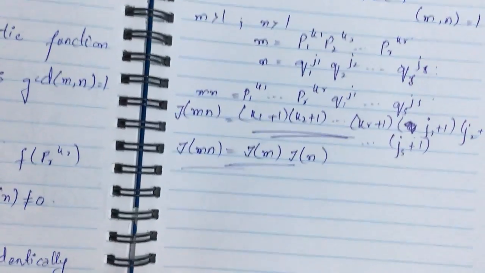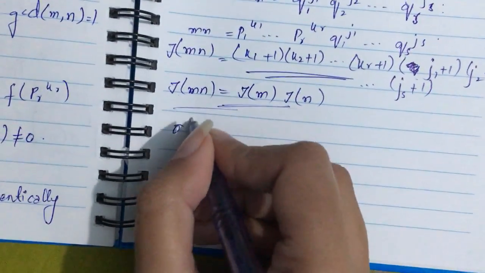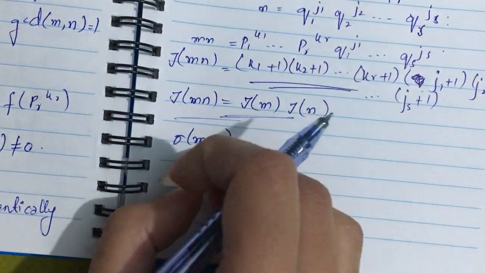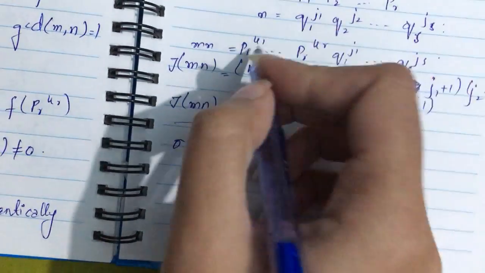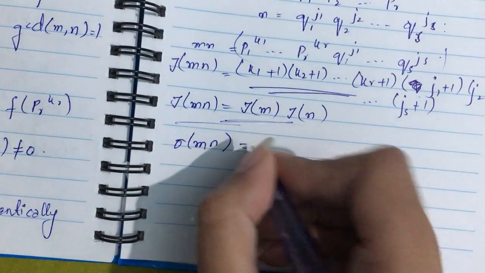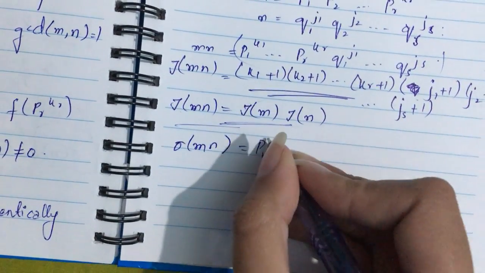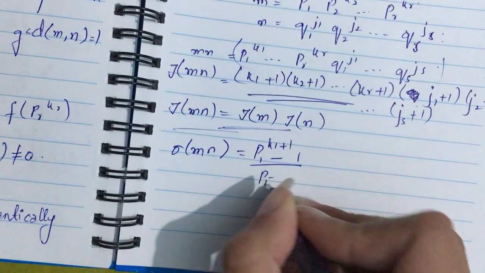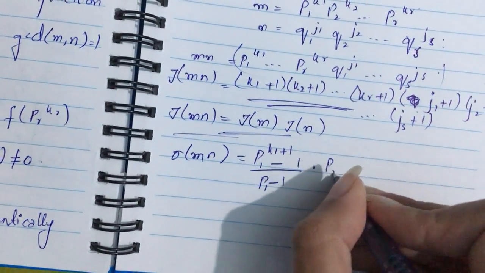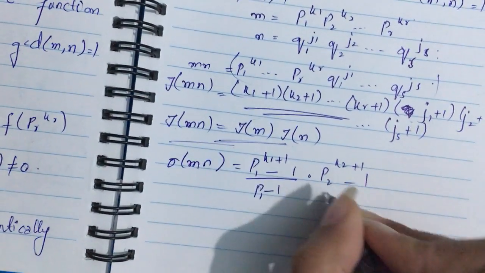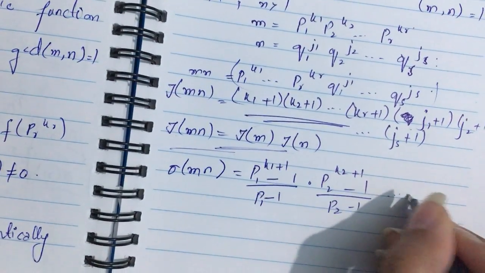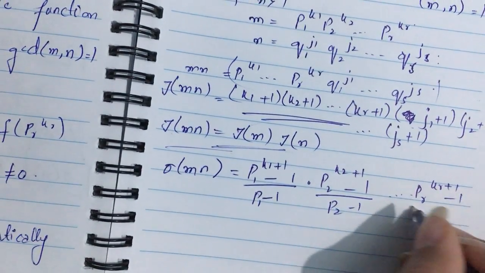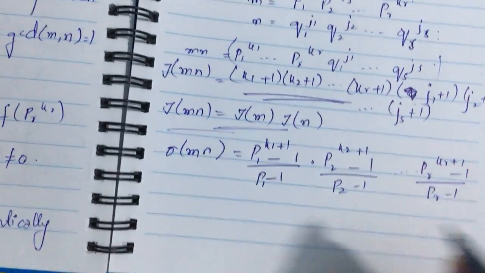Now further I'm going to write it in the form of sigma of mn. I'm going to apply sigma over this expression. I can write it as p1 to the k1 plus 1 minus 1 over p1 minus 1, into p2 to the k2 plus 1 minus 1 over p2 minus 1, up to pr to the kr plus 1 minus 1 over pr minus 1.